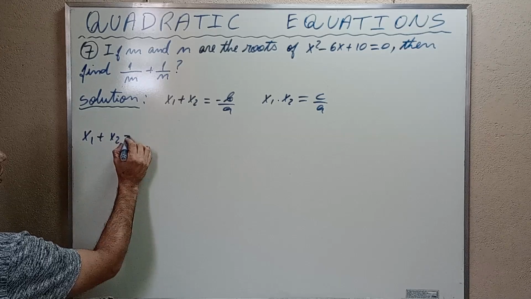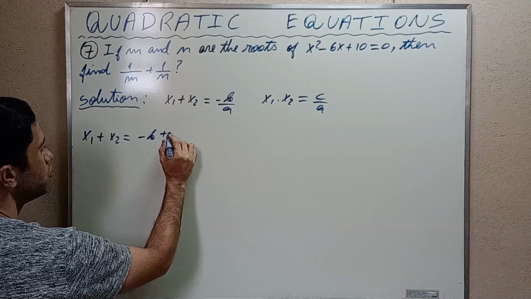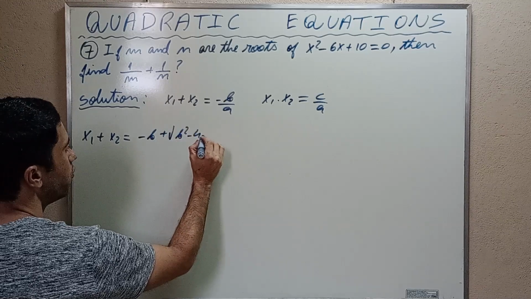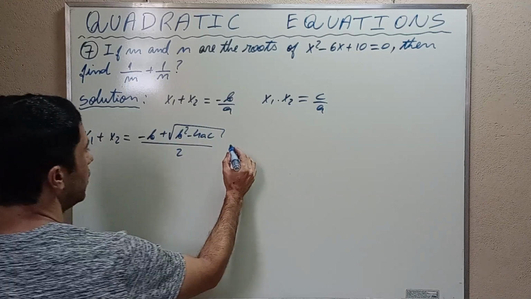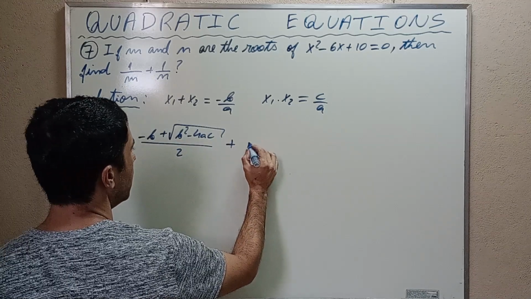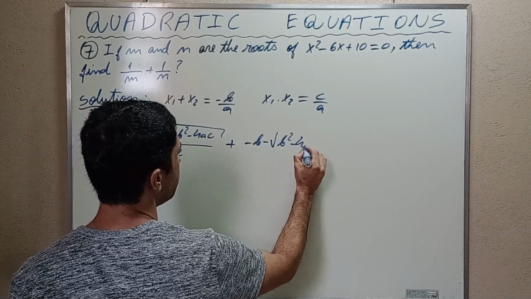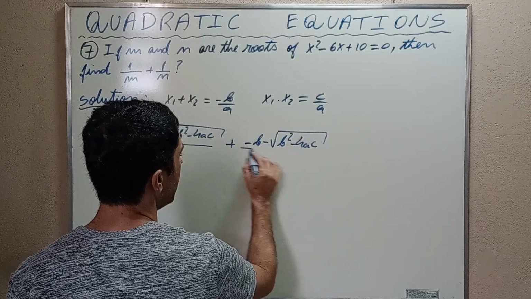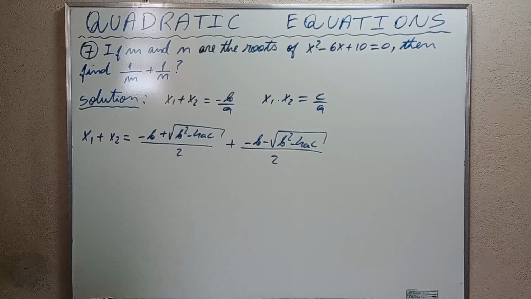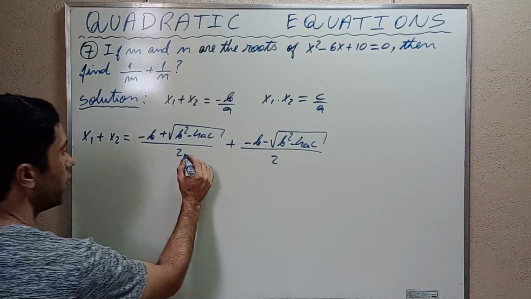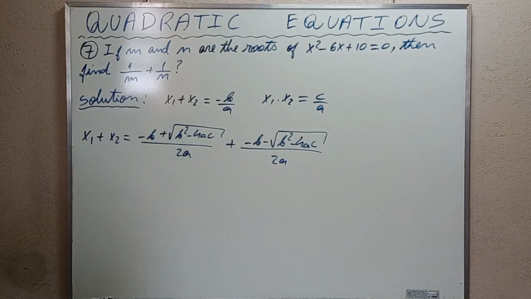Let's demonstrate. x1 is going to be negative b plus the square root of b squared minus 4ac divided by 2a, sorry, 2 times a here, and the other is negative b minus the square root of b squared minus 4ac divided by 2a, as we did before.